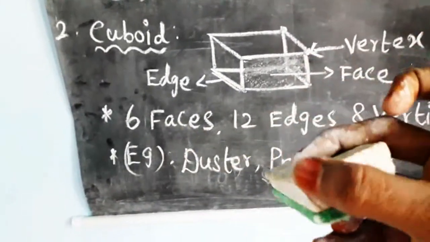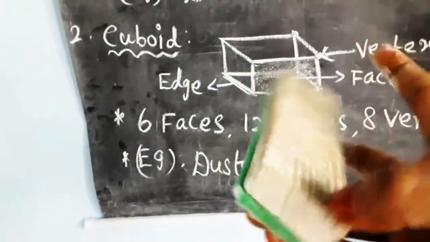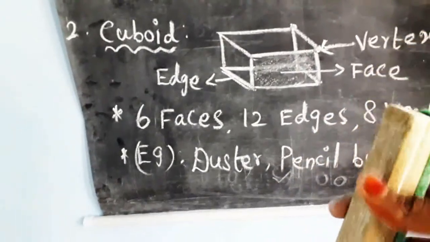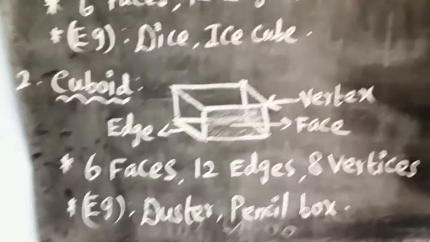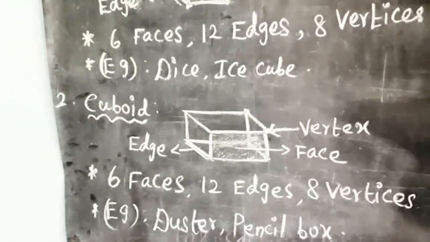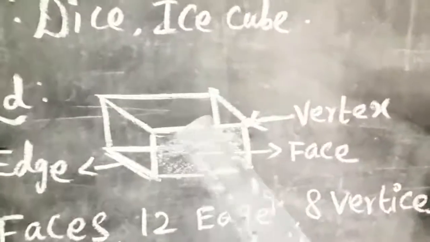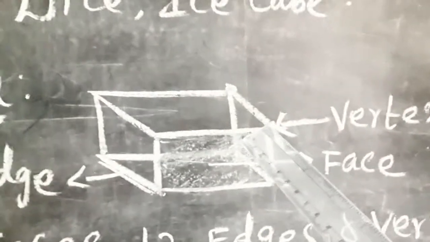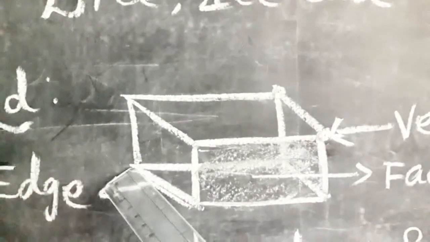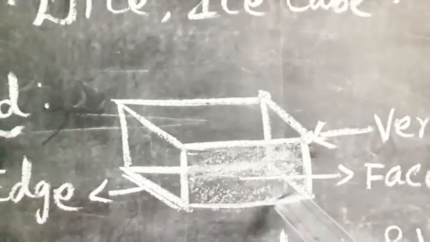Then here, the lines are the sides, that means edges. Just look at the picture. How many vertices? 1, 2, 3, 4, 5, 6, 7, 8.